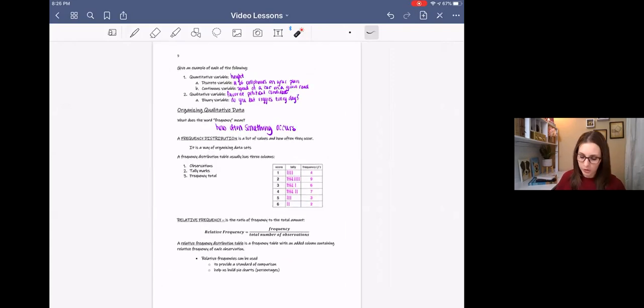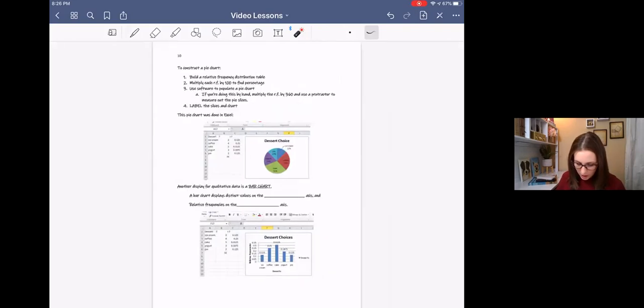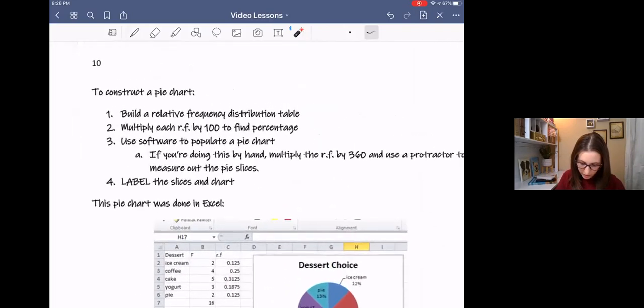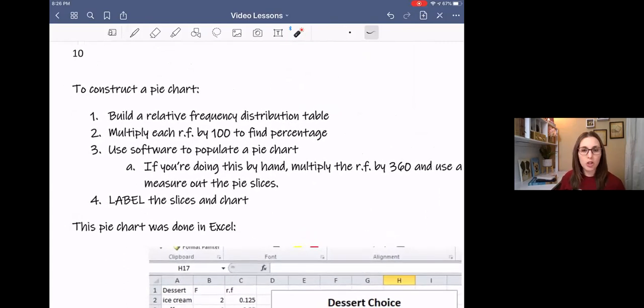Those are very simple to construct. I have here how to construct a pie chart. The easiest way I know of to construct a pie chart is to build a relative frequency distribution table in Excel. Convert to a percentage, and to do that you multiply the decimals by 100.